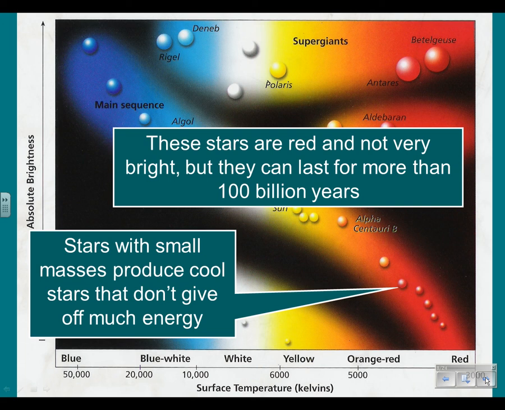So one last correlation, right? If we go back to the electromagnetic spectrum, and especially visible light, visible light runs ROY G. BIV. What kind of frequency does red light have? Low frequency, meaning how much energy does red light have?